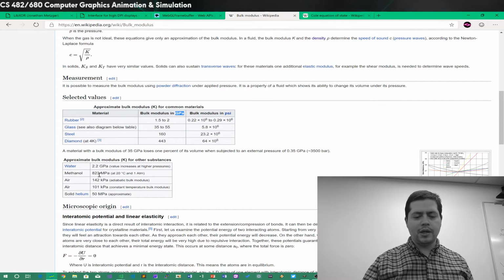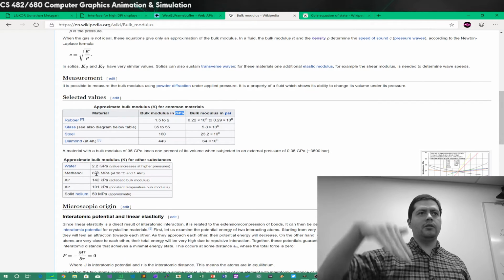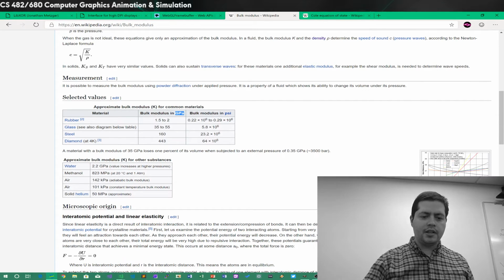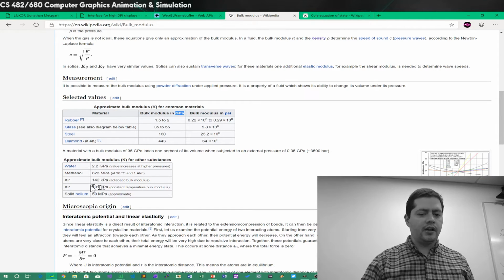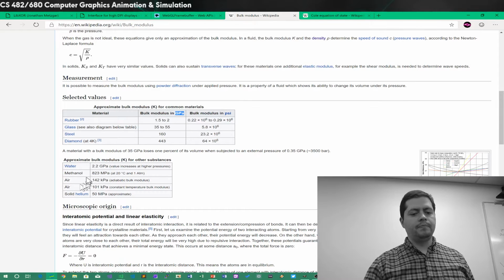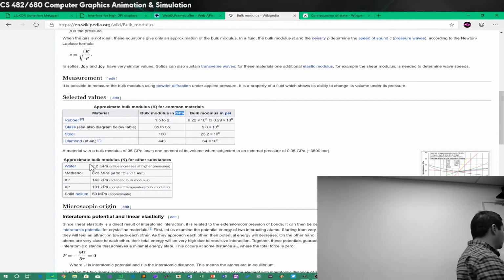Methanol, I don't know why I would want to simulate that, but you'll notice that it's going down. We might want to do that. Then 142 kilopascals for air, 101 kilopascals for air. So when we look at this scale for this Ks, it's clear to me that we probably want a max of 3 GPa, at the higher end.